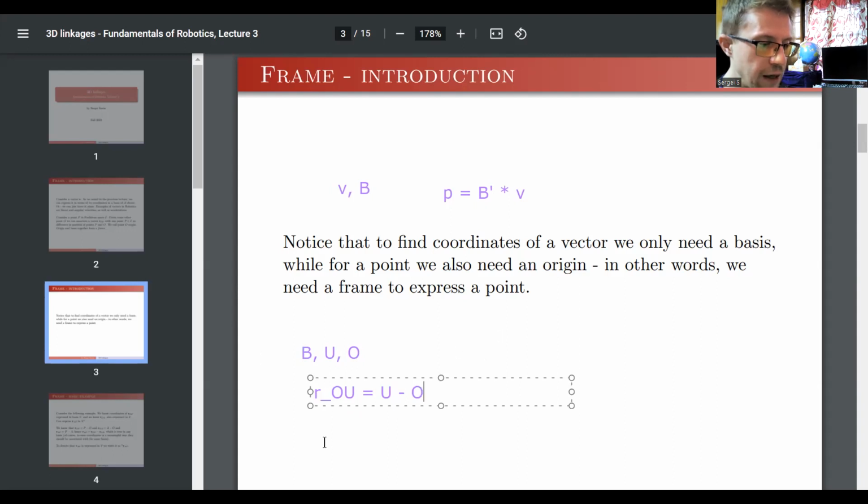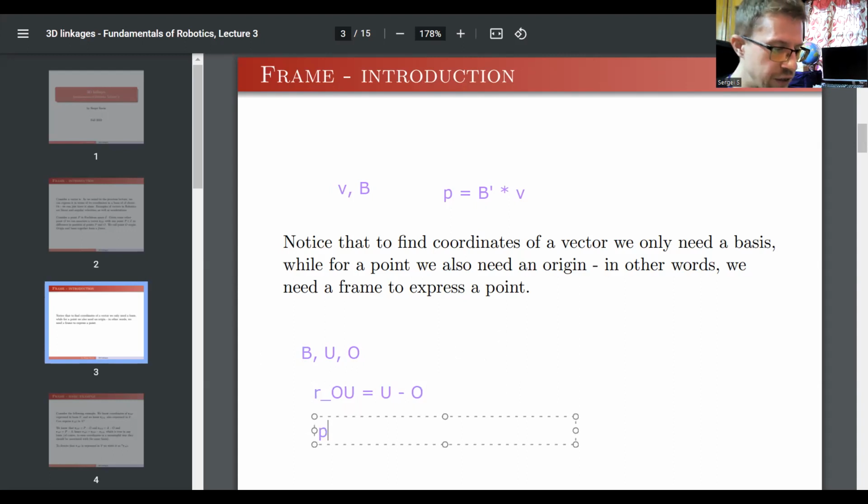And then we can find coordinates with respect to basis B as B transposed R OQ. So for points, we have one extra step. It is insufficient to only speak about basis. It is important to speak about origin.